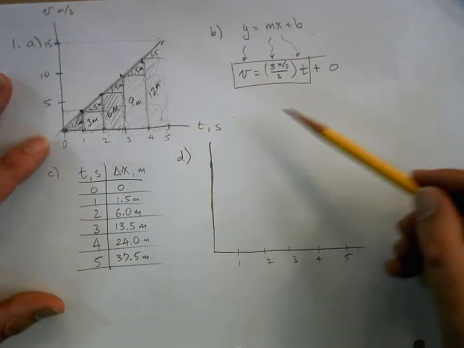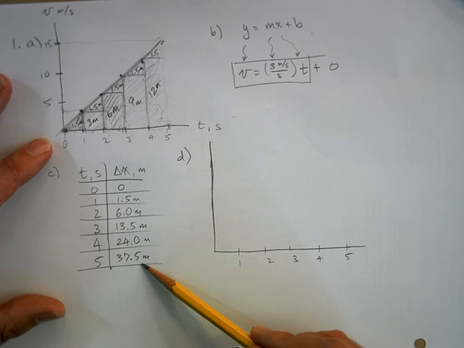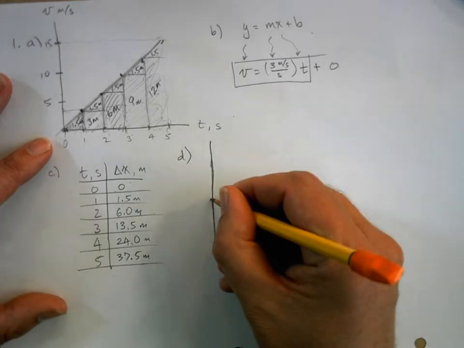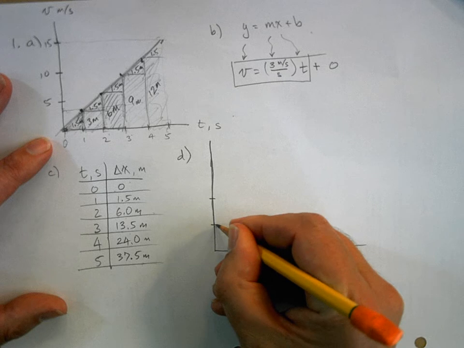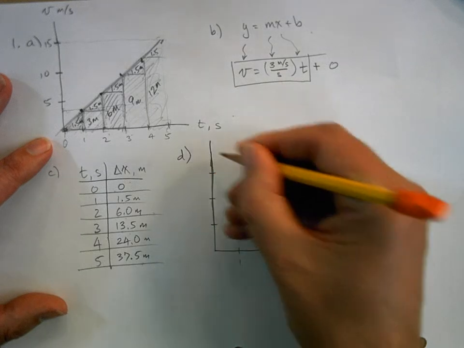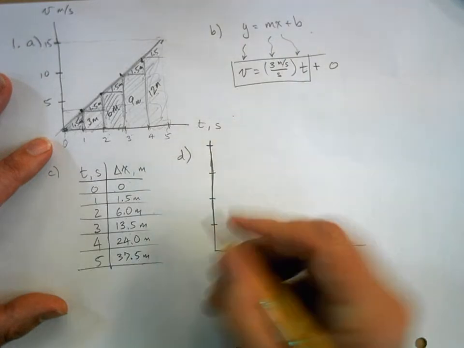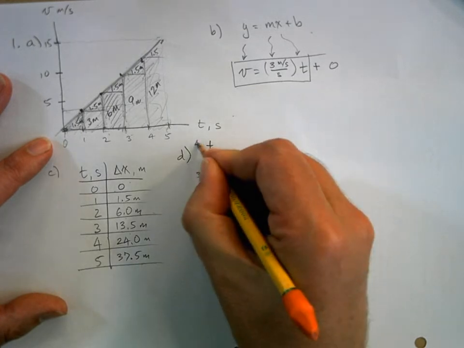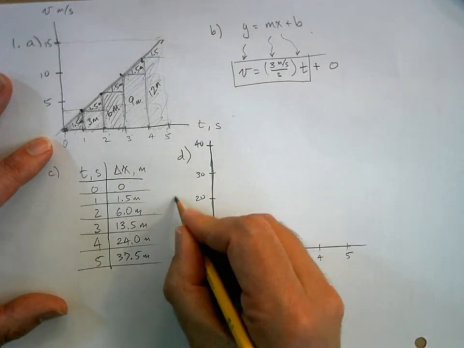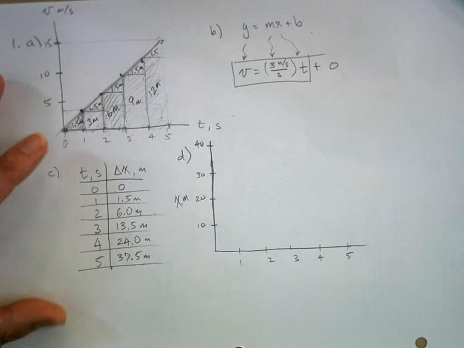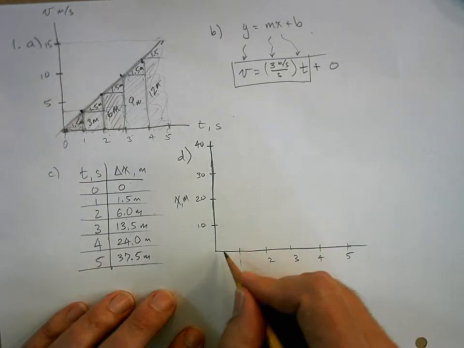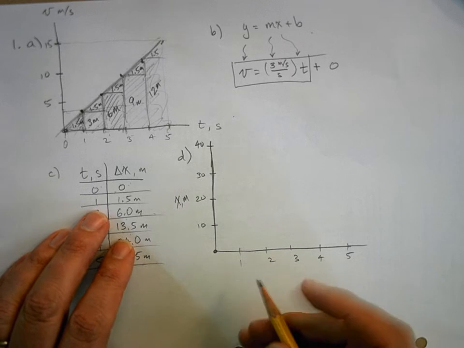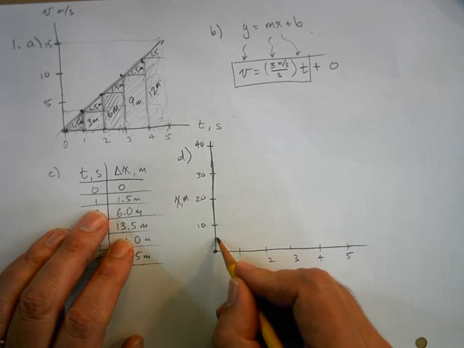Well, 37, that's pretty close to 40, isn't it? So I'm going to go 10, 20, 30, and my zero position is 0. At 1, I'm at 1.5. Well, here's 5.